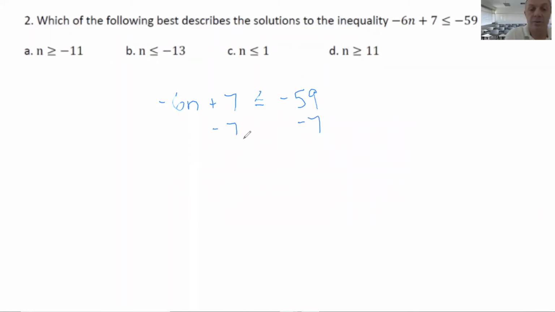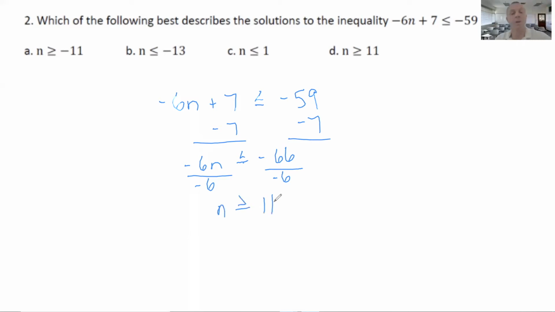Gotta make sure I take my time. I believe that's negative 66. We're going to divide both sides by that negative 6. Remember, guys, that when you multiply or divide by a negative with an inequality, it switches the direction of the inequality, and it would be greater than or equal to 11.